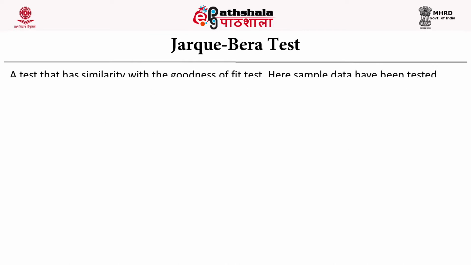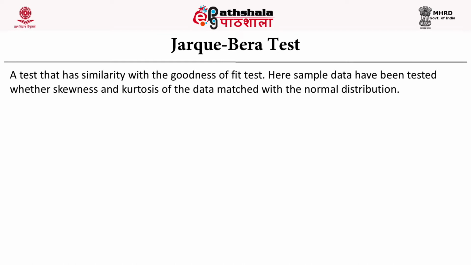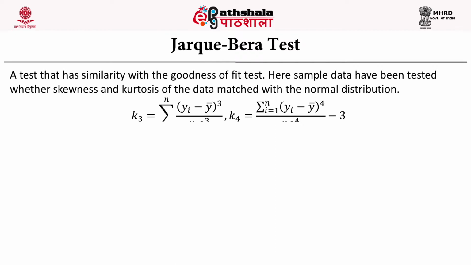Jarque-Bera test, a test that has similarity with the goodness of fit test. Here sample data are tested on whether the skewness and kurtosis of the data match the normal distribution.